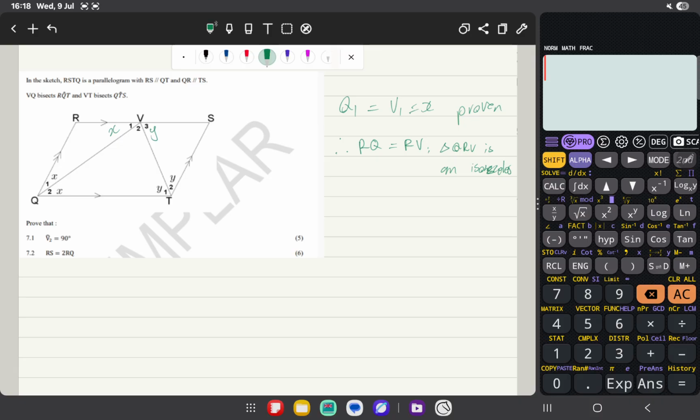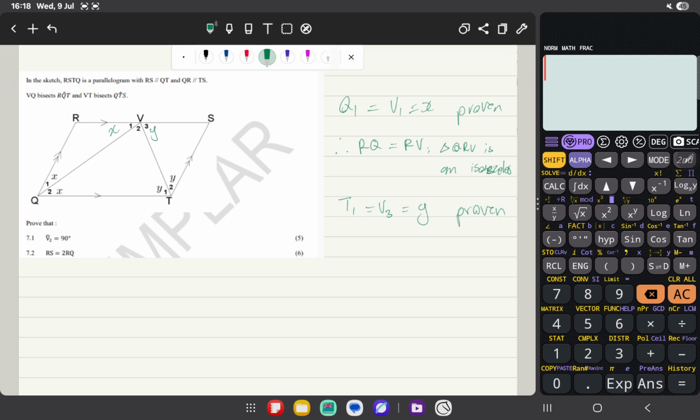And then let's look again. We proved again that T1 equals V3, which equals y, and therefore this was proven.